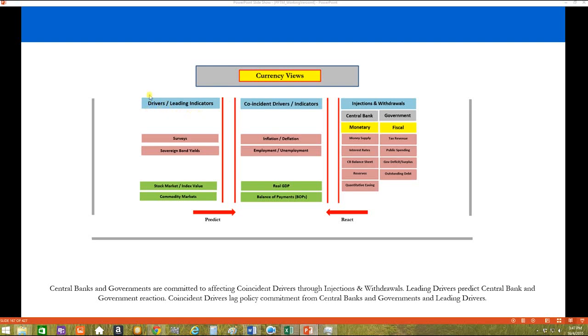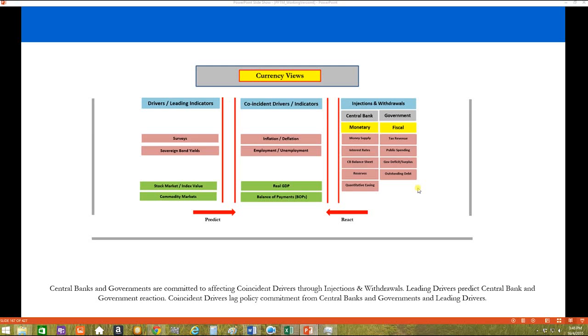These are drivers that lead the overall economy. Then we have coincident drivers. These tell us what is basically going on in the economy right now. And we have injections and withdrawals made by central banks and governments using, respectively, monetary and fiscal levers.